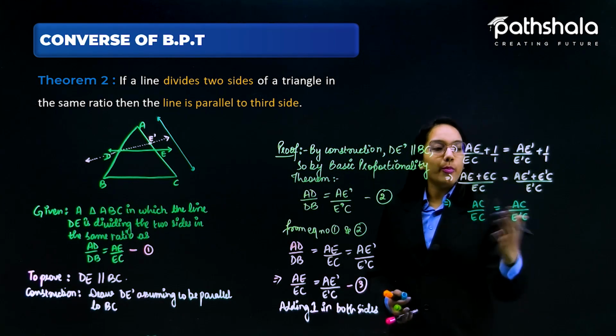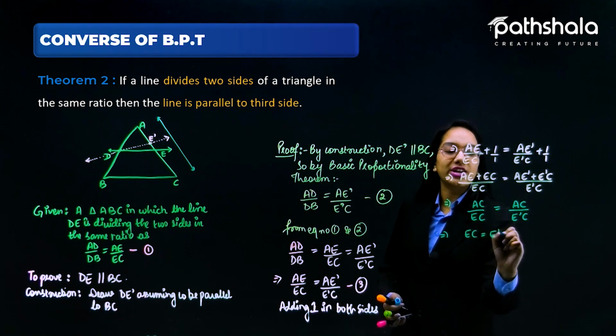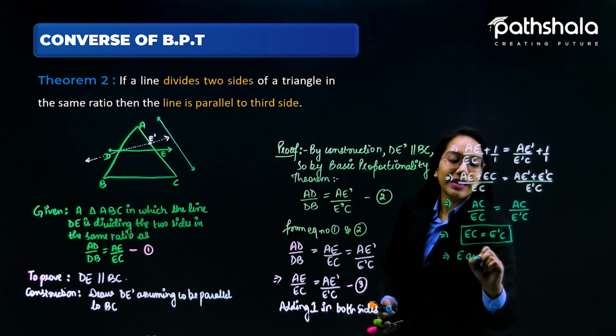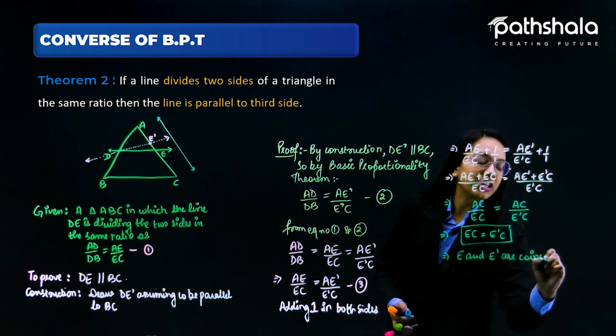Now if we compare both of these, you can definitely say that EC is equal to E dash C, which implies that E and E dash are coinciding with each other.